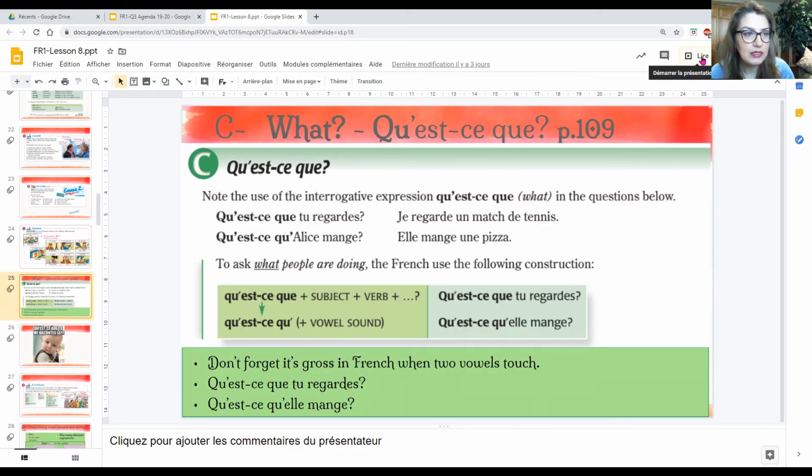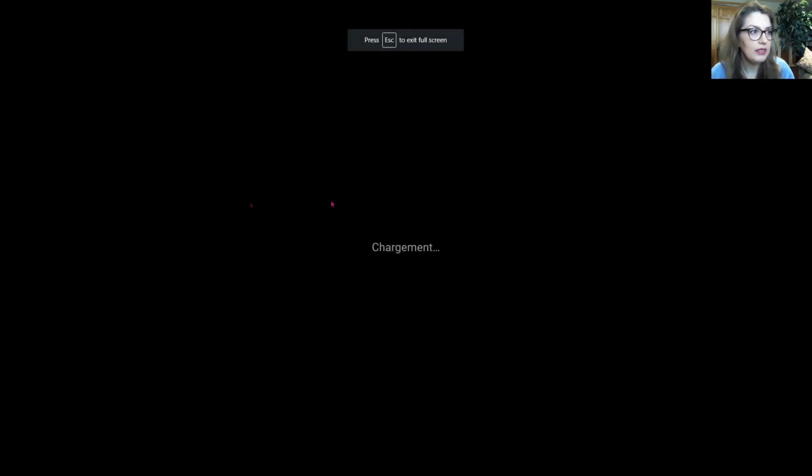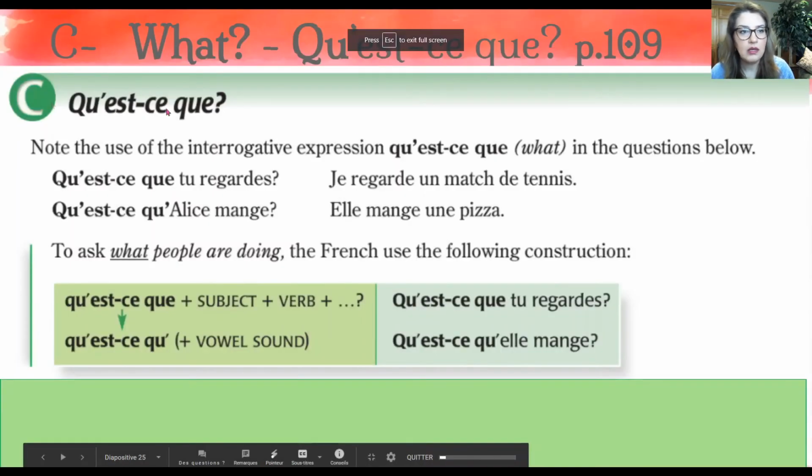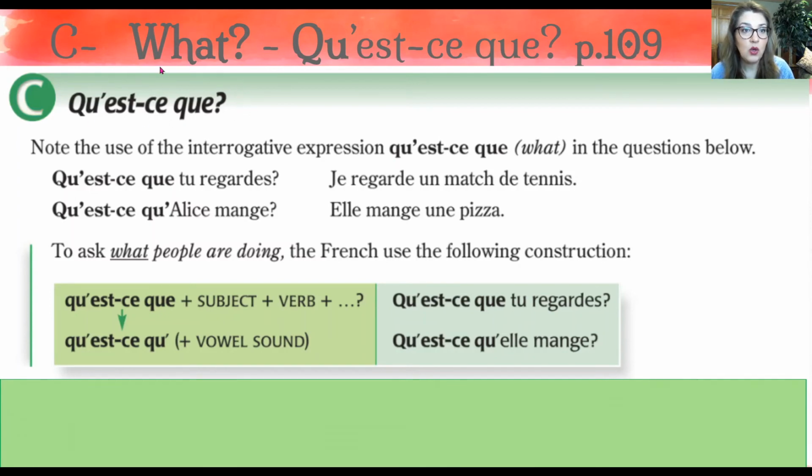Now we looked at qui. Now we're going to look at, in this slide, the interrogative expression qu'est-ce que. Qu'est-ce que means what. So repeat, qu'est-ce que. Est-ce que means does it or is it that or do you, while qu'est-ce que means what.